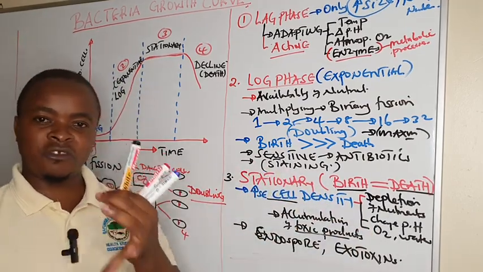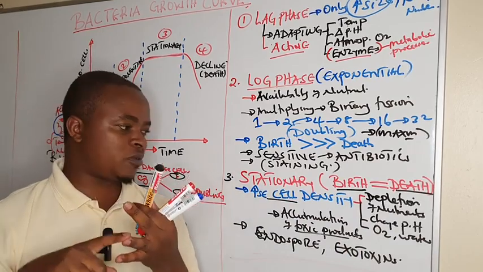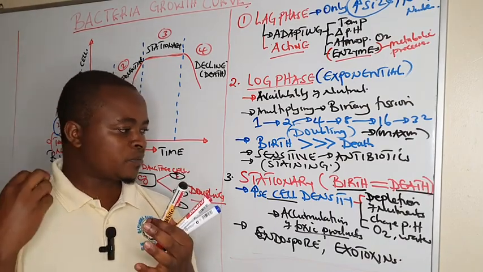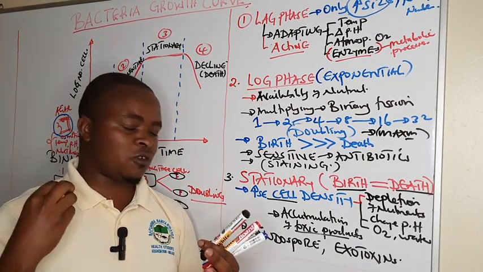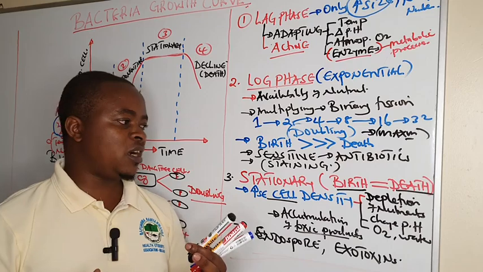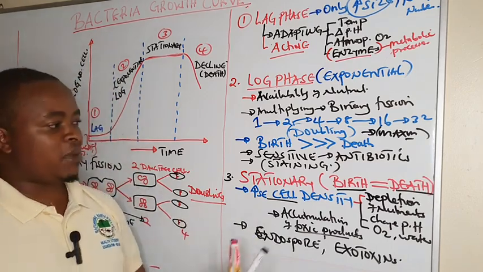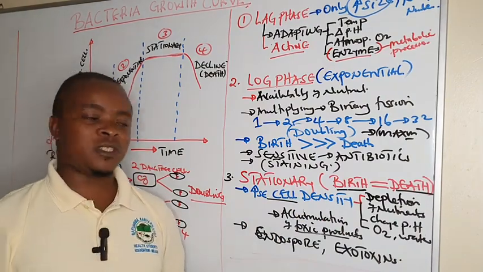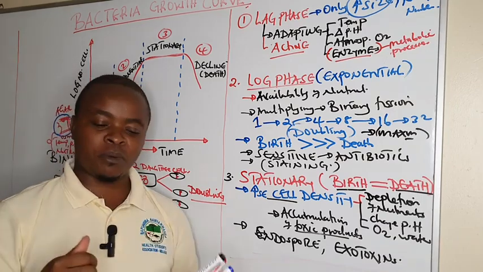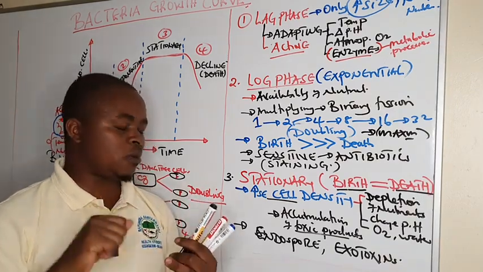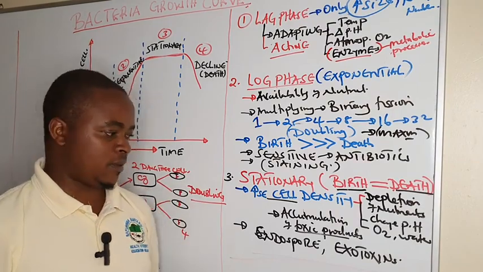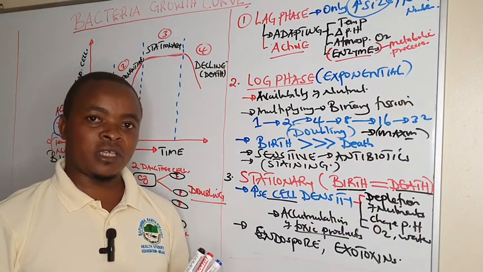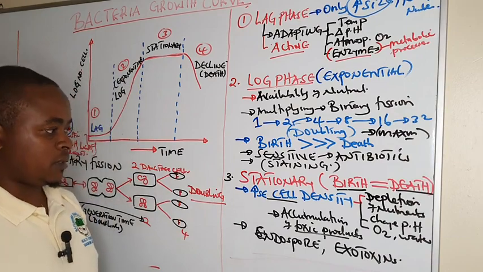That is depletion of nutrients, accumulation of toxic products which lead to change in pH, and lack of necessary physical requirements like oxygen, like osmotic pressure, leading to some of them dying, but the number of deaths being equal to the birth, and hence remaining stationary. And it is at this stage whereby the bacteria is adapting by producing endospores and producing exotoxins. And here the staining becomes variable. They lose their staining characteristic.